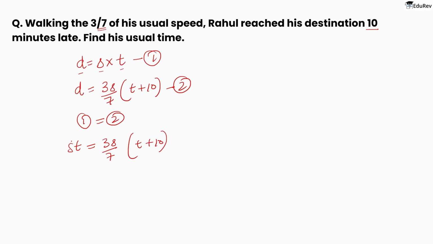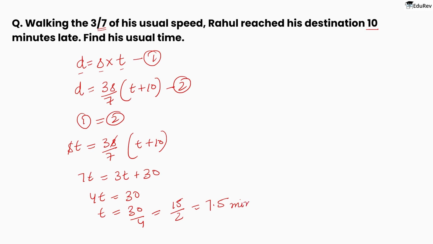Eliminating s from both sides and taking 7 to left side, we get 7t equals 3t plus 30. Solving further, we get 4t equals 30. t will be equal to 30 by 4, giving us 15 by 2, further taking us to 7.5. Hence, usual time of Rahul is 7.5 minutes.